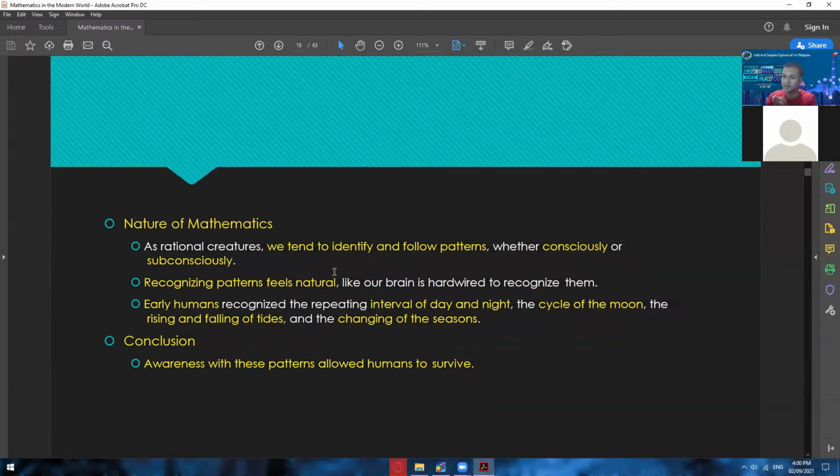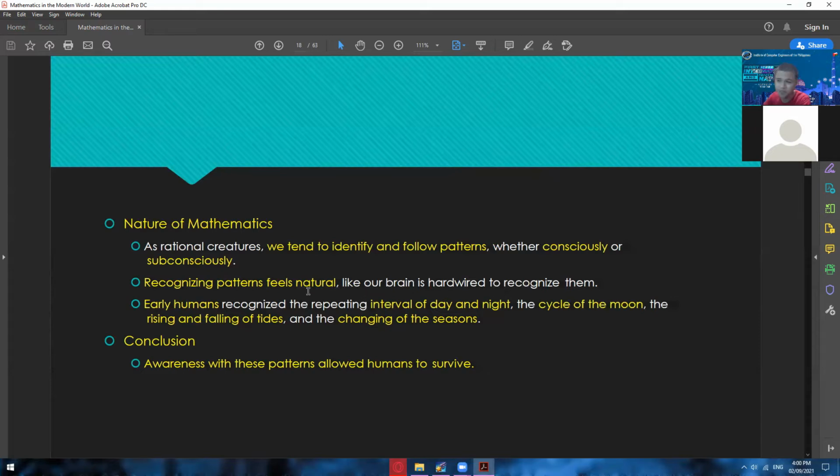But if you're the kind of person who always goes on the left side, most likely you and the person coming toward you will bump into each other. I first thought of collision, but that's for cars. Bump, yeah, that's the correct term. Those are the things we follow even without really thinking about them, subconsciously.